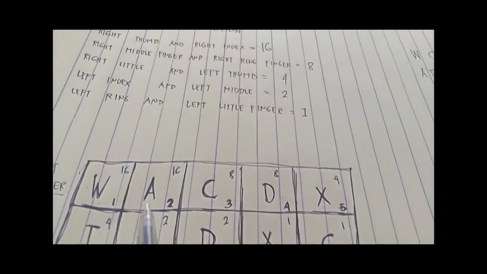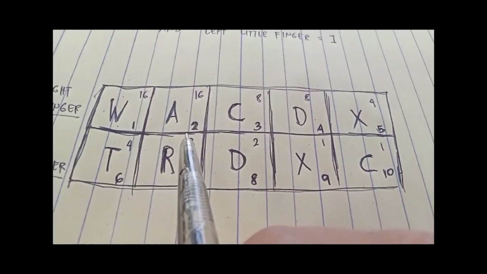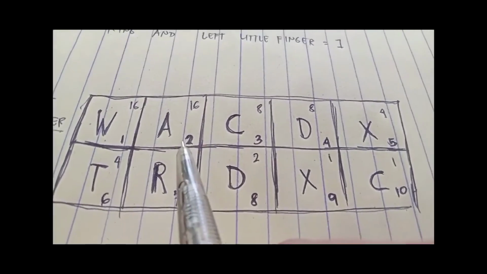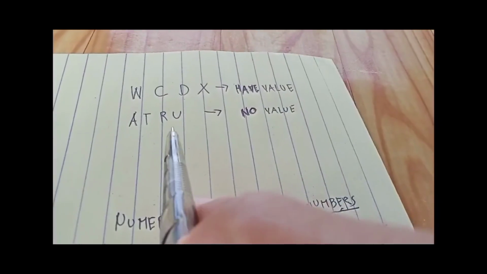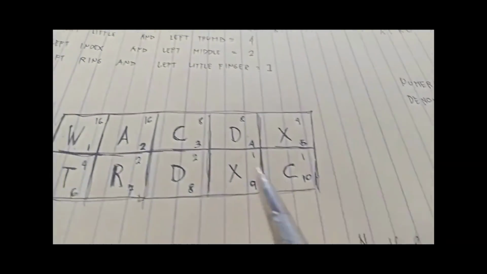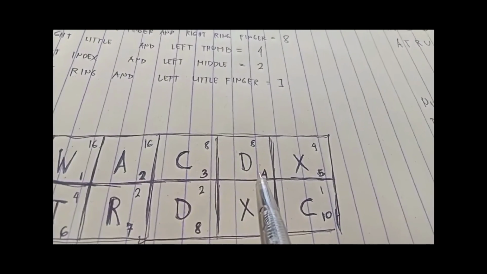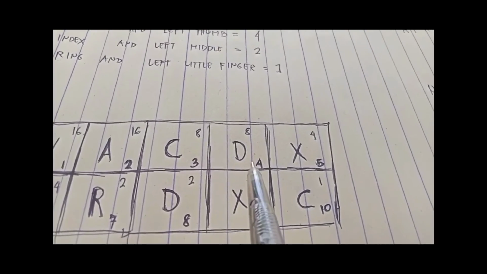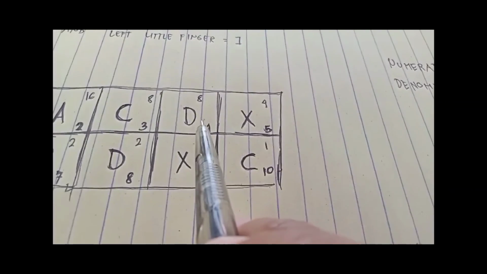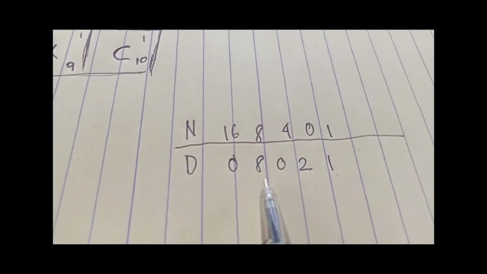So, number 2, it is a plain arc. And plain arc has no value, so I put 0 here. Next is the double loop. The double loop has value, and it has a value of 8, so I put 8 here.